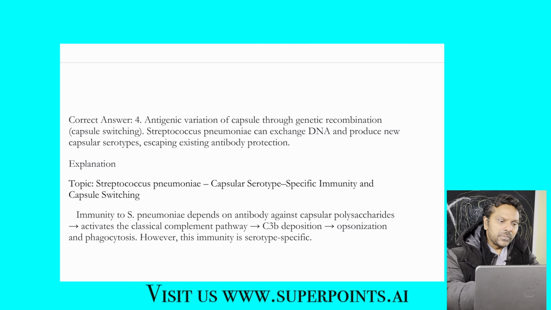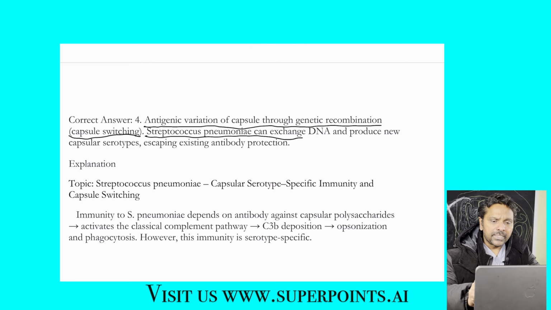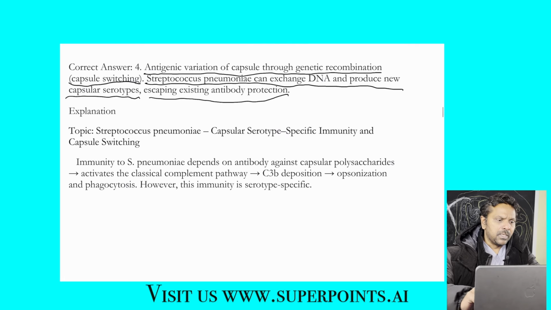So, if you see antigenic variation of capsule through genetic recombination, this is called capsule switching. Streptococcus pneumoniae can exchange DNA and produce new capsular serotypes, escaping existing antibody protection. So, what is the topic?